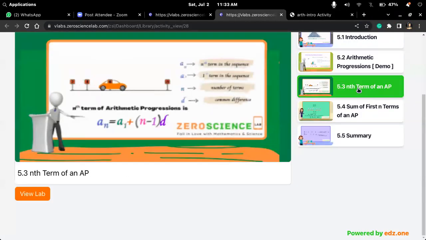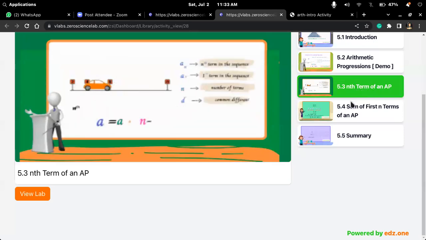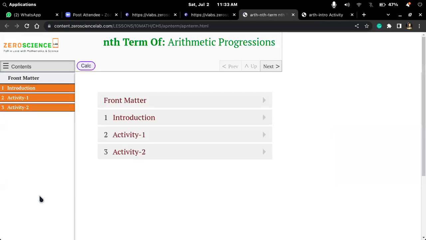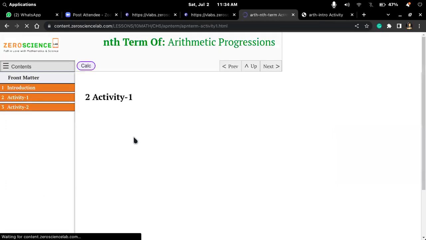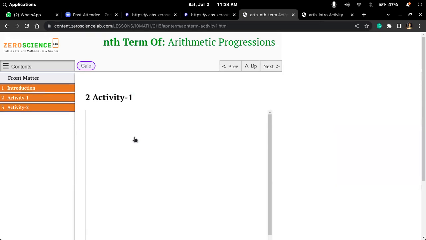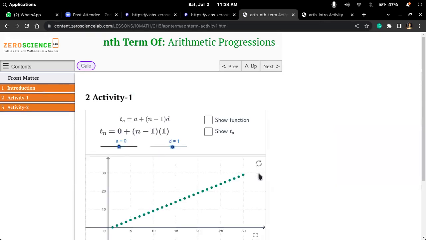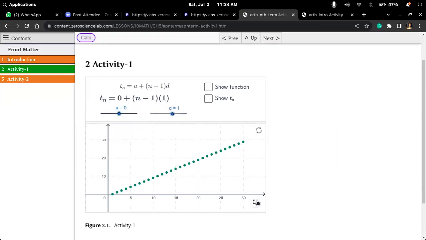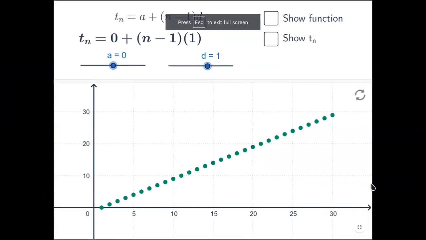Suppose the same thing I can use for finding the nth term of an AP, because from the previous activity I came to know that the progression can be converted into a line. Now I am using the same thing. I can have a set of values.